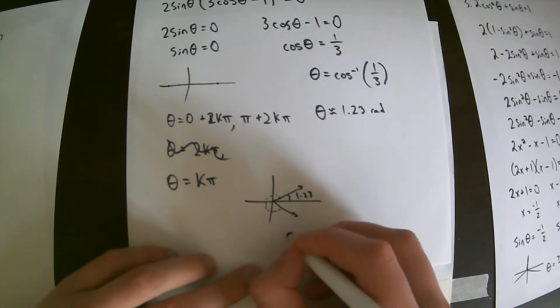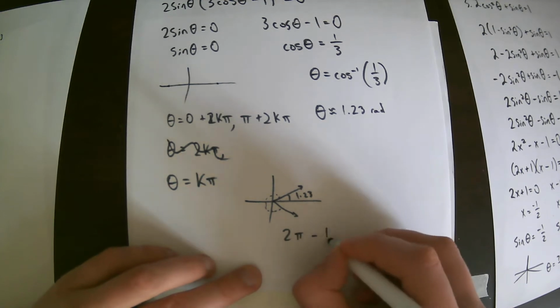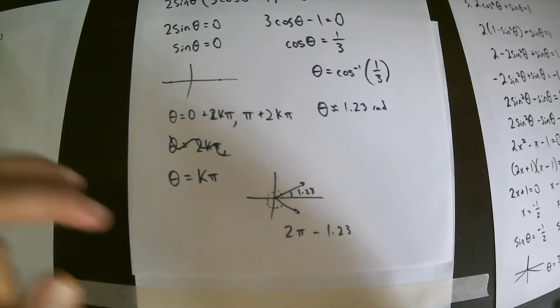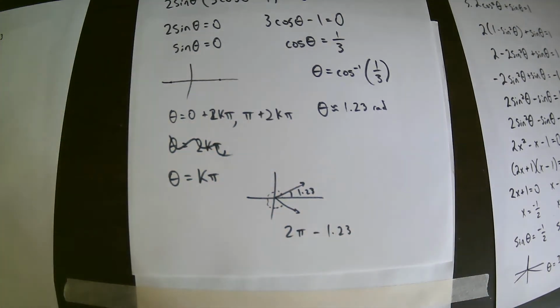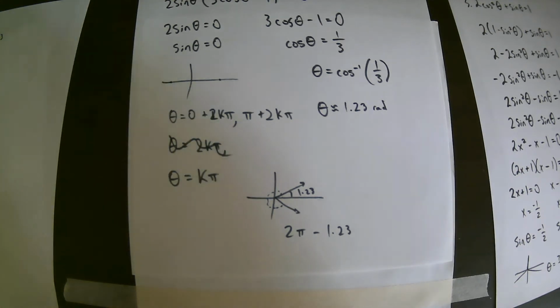How can I find this angle all the way around? Well, I need to do a full rotation minus 1.23. That's going to be, let's see, 2 pi minus 1.23 is 5.05.